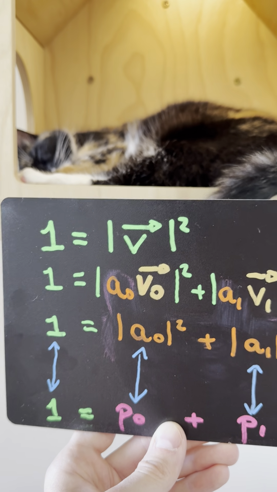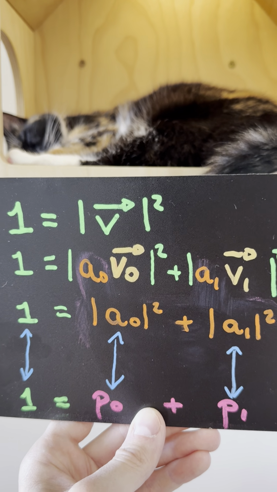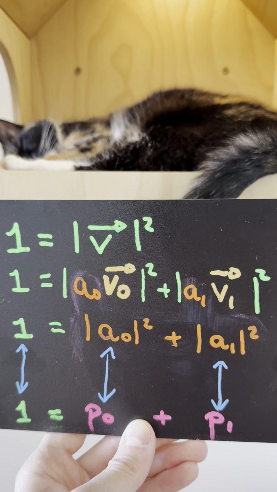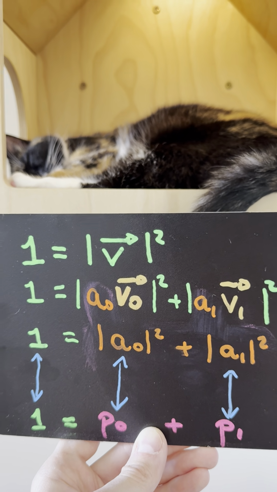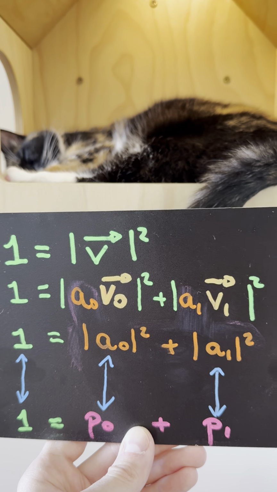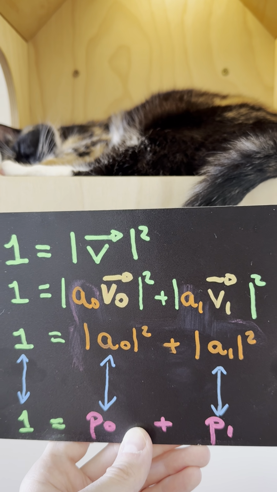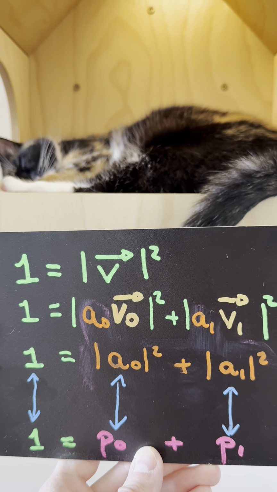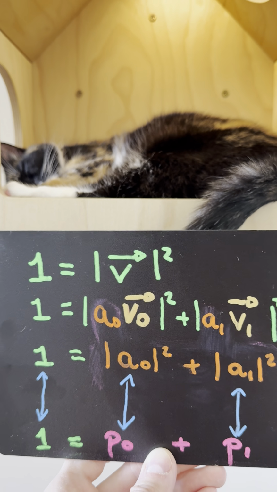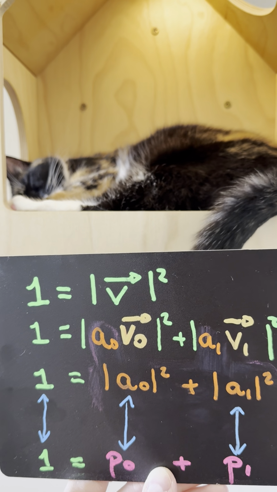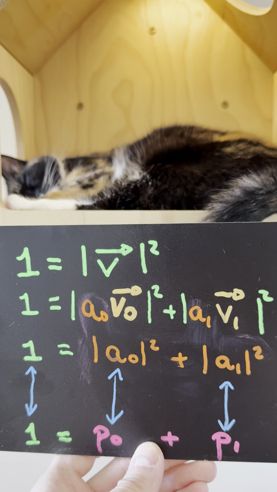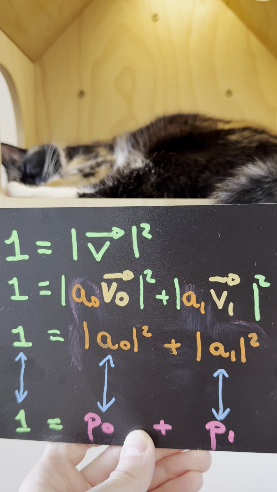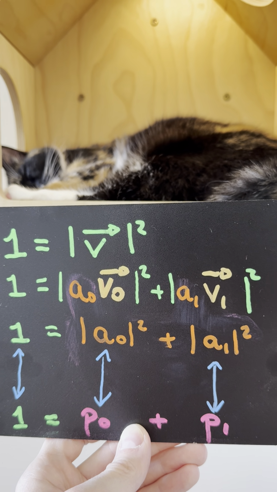So in short, you can interpret those two numbers, p0 and p1, as the probability that when you make the measurement and your system started in the vector represented by v, it will be found in either the state v0 or v1. So in a nutshell, to compute probabilities in quantum mechanics, you need to apply Pythagoras' theorem to the states that are written as quantum superpositions of the potential states that you can find upon measurement.